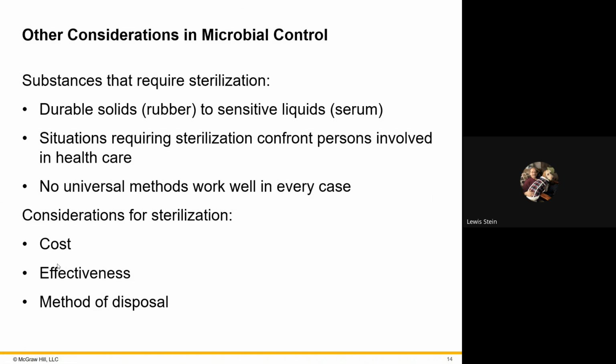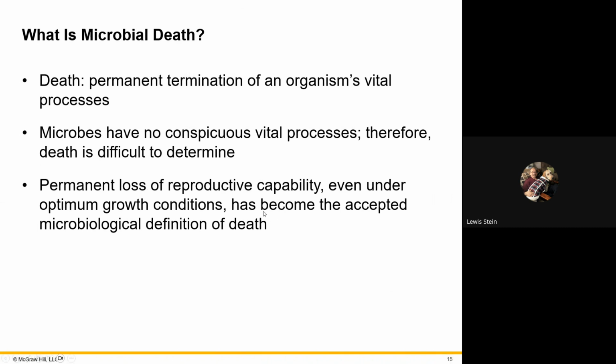If you were like me running an office where we sterilized all our own instruments and all our own dressing materials, you think about things like cost, what works well, whether you have to use critical material to dispose of. All of that goes into play. So next, if you end up running an office, you're doing that.